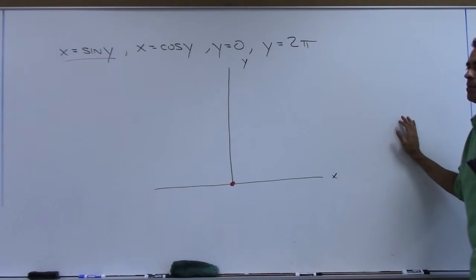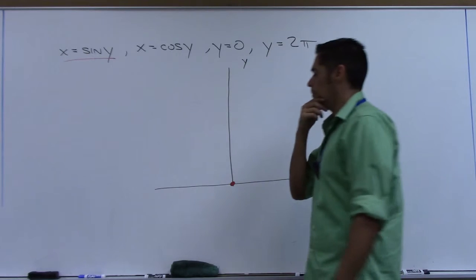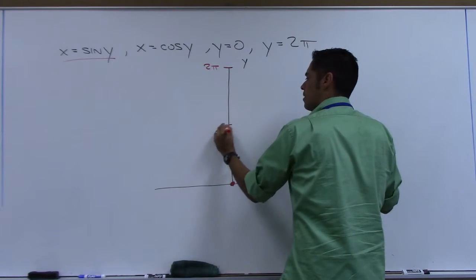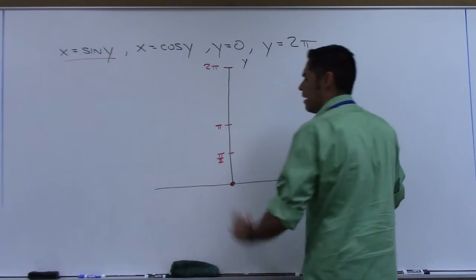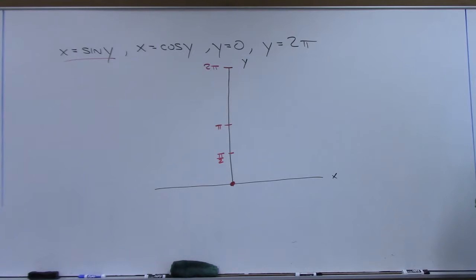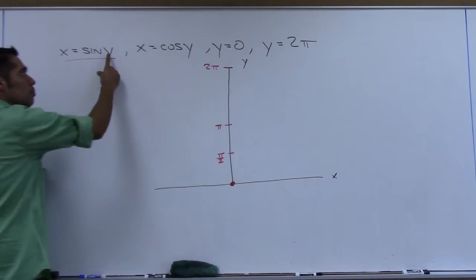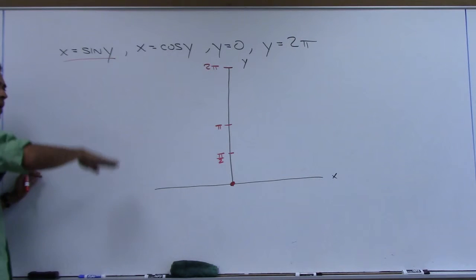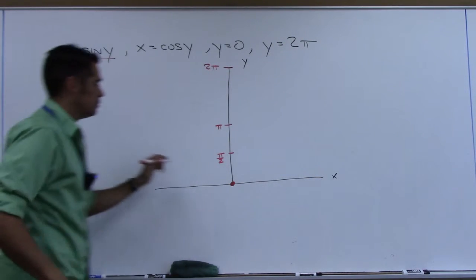All right, let's pick some common angles that we're going to be able to know. If this is 2 pi up here, this is pi. This is pi over 2. If we let y be pi over 2, what is sine of pi over 2? 1. So the x value is 1 to the right.